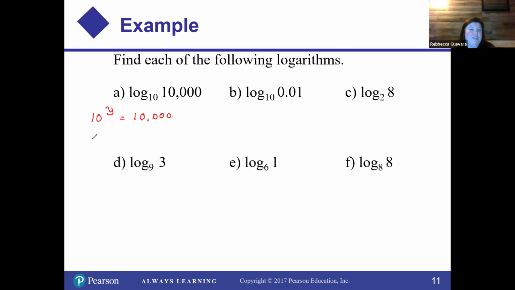I got 4 zeros. So 10 to the 4th should give me 10,000. And like I said, you can always get a calculator out and plug these in just to make sure it works. But since we know 10 to the 4th is going to give me 10,000, I know log base 10 of 10,000 should equal 4.